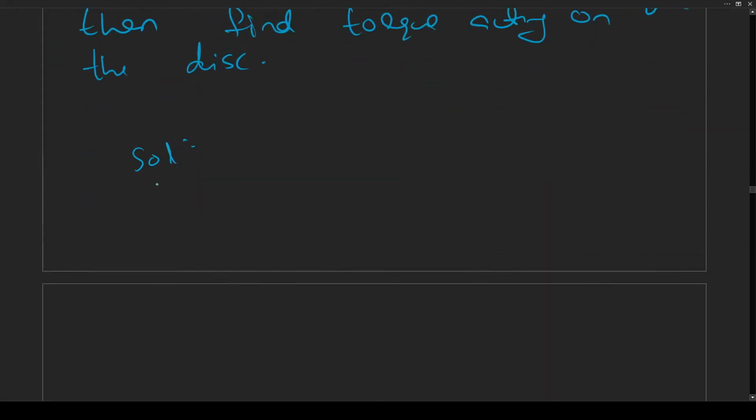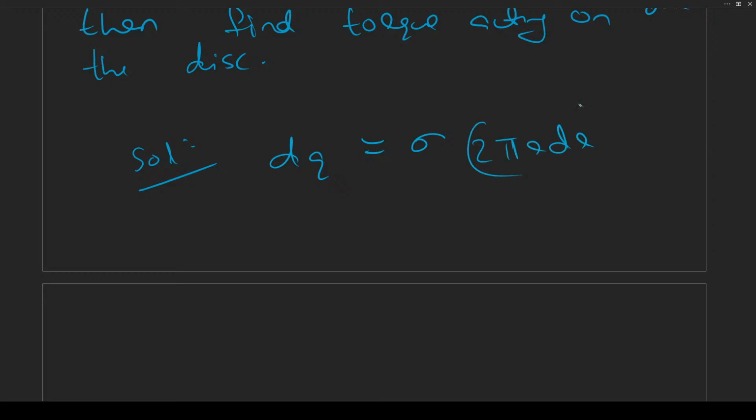Solution: dq is equal to sigma 2 pi r dr, where sigma is the surface charge density, charge by area, which gives sigma.